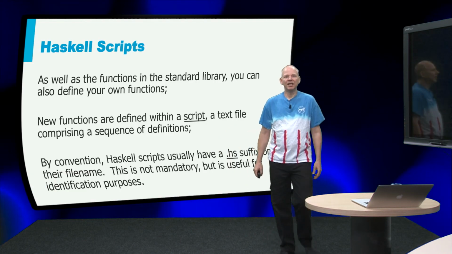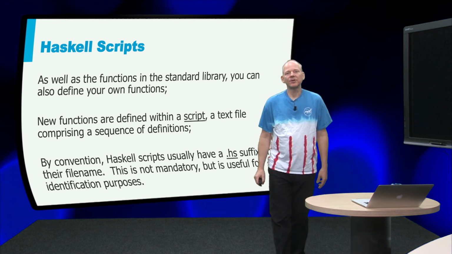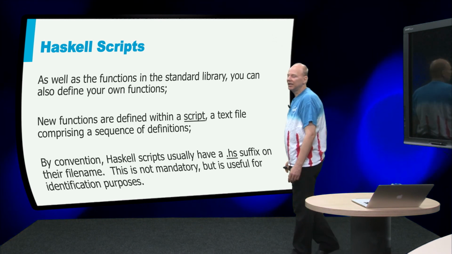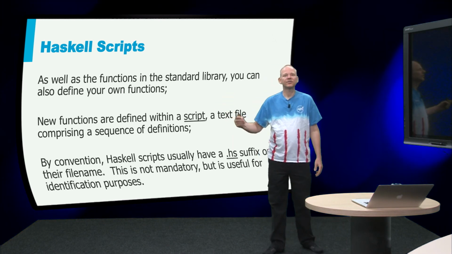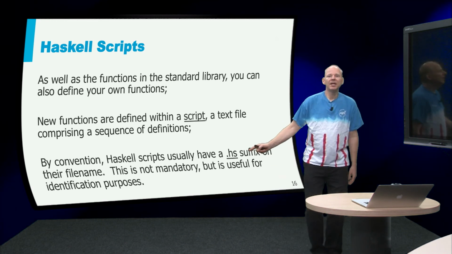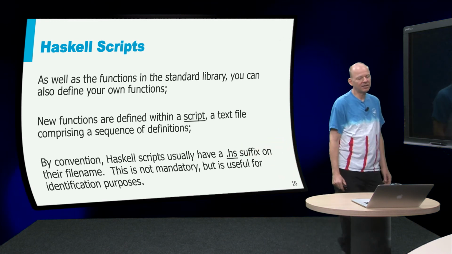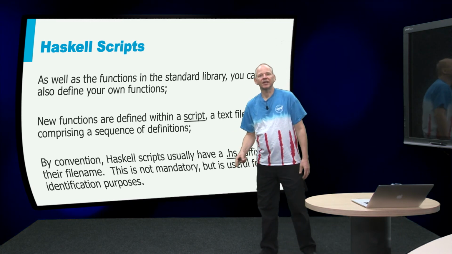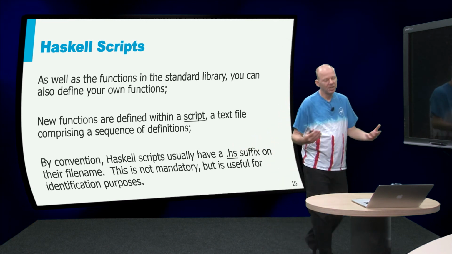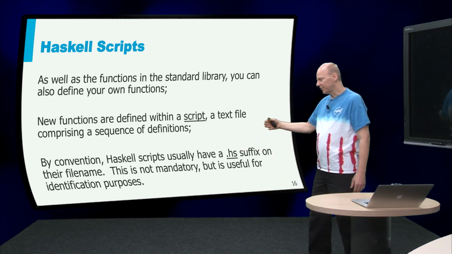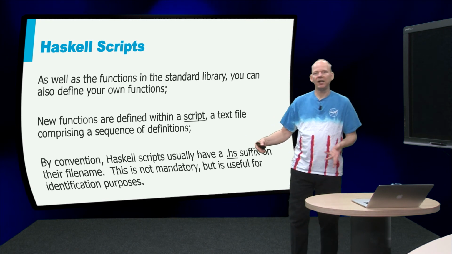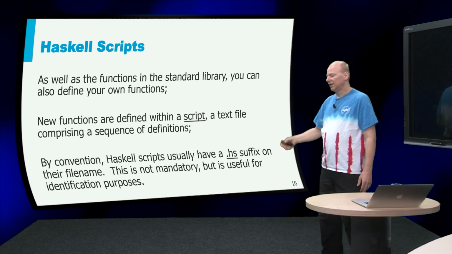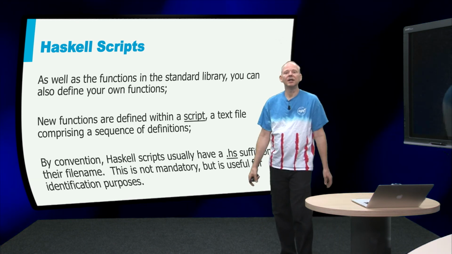Okay, so new functions: if you want to define a complete Haskell program, you define them in a text file that contains a list of function definitions. And this text file has a suffix .hs that indicates that it's a Haskell file, just like an HTML file has an .html suffix, or a CSS file has a .css suffix, or a Java file has a .java suffix.